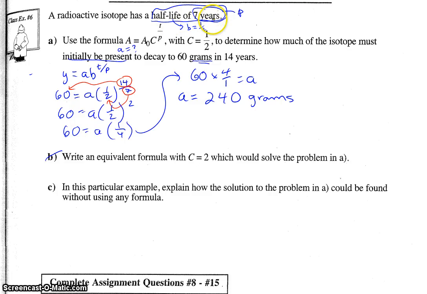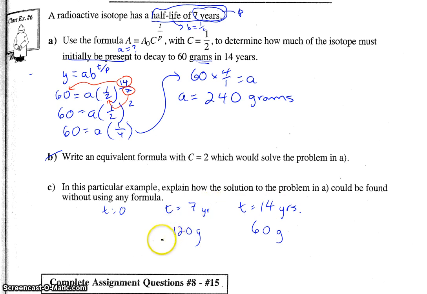If it has a half-life of 7 years, so we start at time 0, and then they're asking about 14 years, right? If we had 60 grams after 14 years, then 7 years before that we would have had twice as much, so it would have been 120 grams.